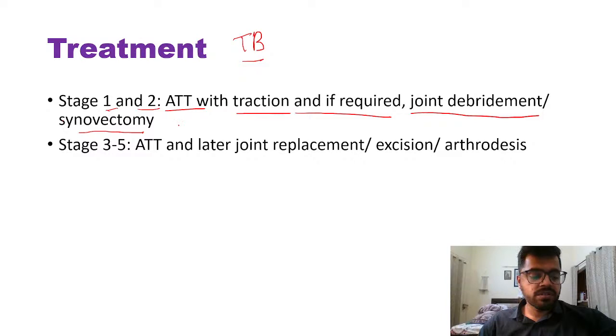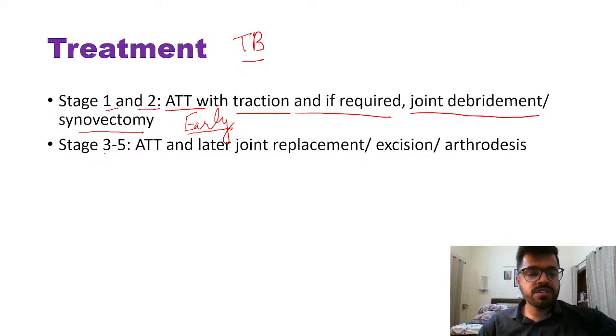For example, there was a collection, we drained it and did a synovectomy. If the joint was still in early arthritis, stage 2, we can still salvage the joint. So this is the treatment.